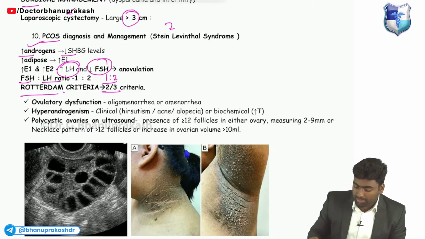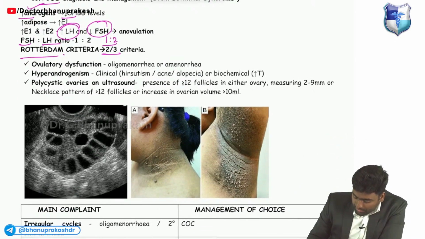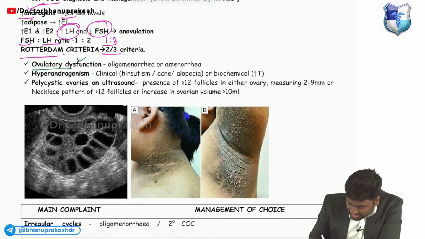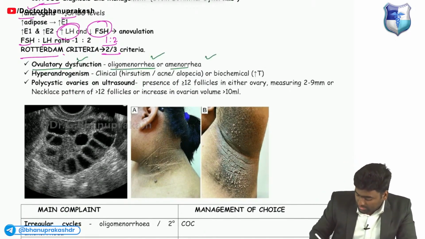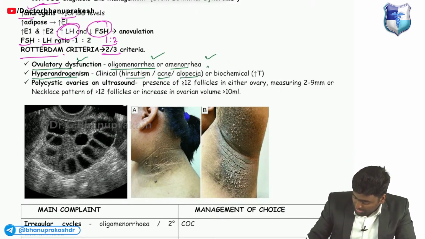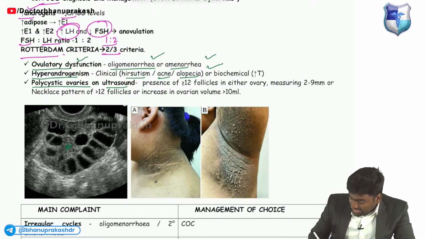So what is Rotterdam criteria? It includes ovulatory dysfunction, which includes oligomenorrhea and amenorrhea, and hyperandrogenism, which includes hirsutism, acne, and alopecia. And there is the feature of polycystic ovaries on ultrasound. In ultrasound, you will see a presence of central stroma.